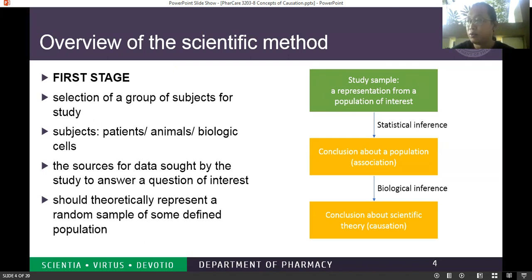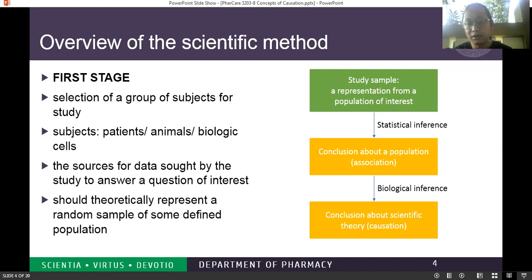Then we select some of that population of interest and approach them and ask whether they agree to join our research.